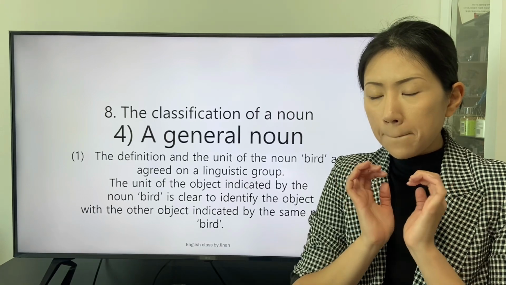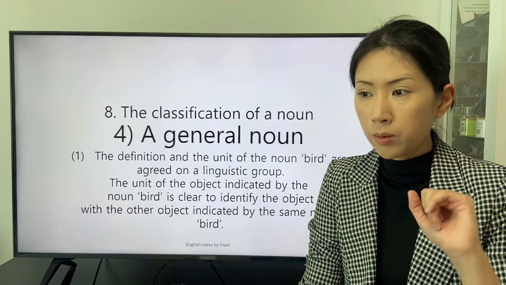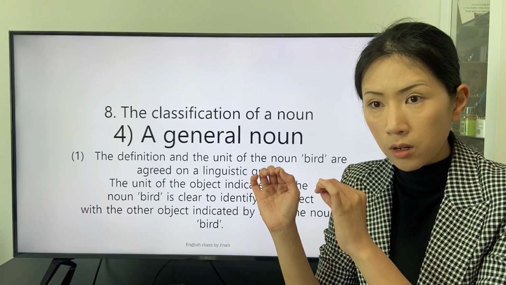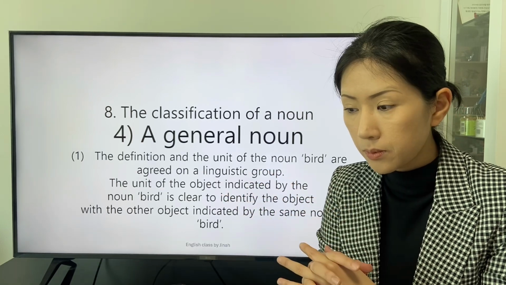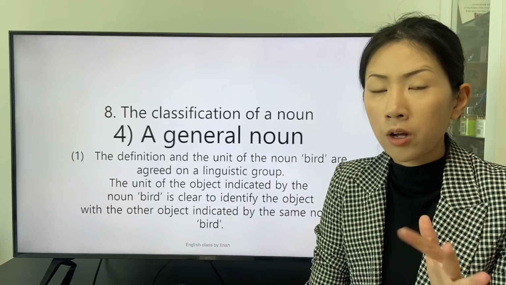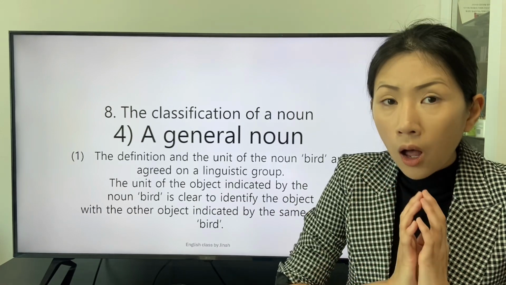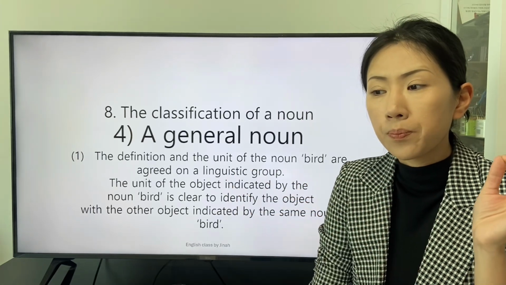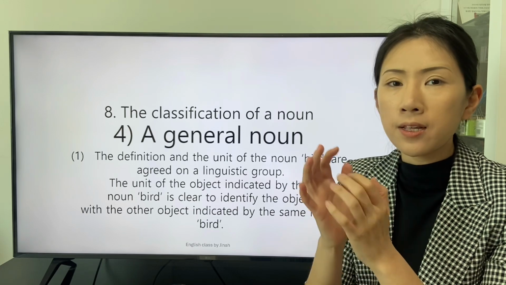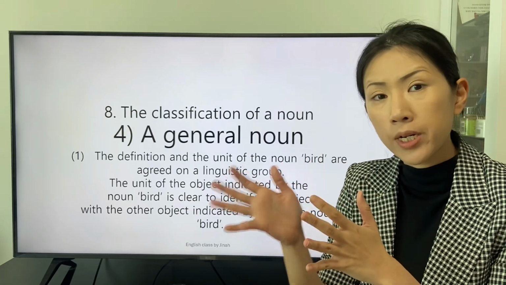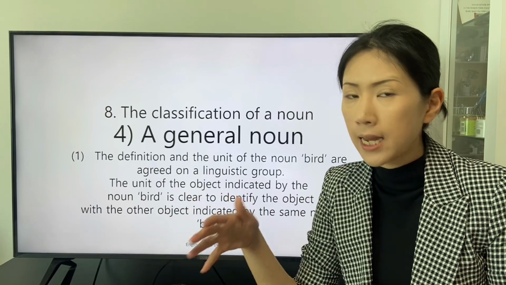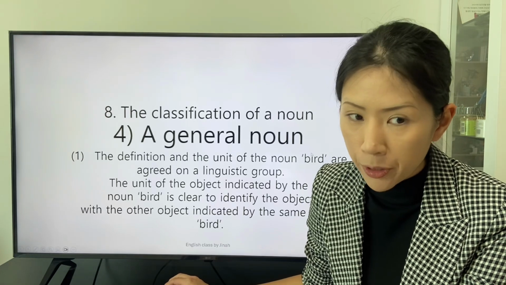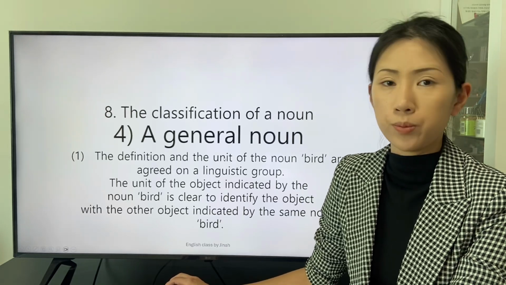And people in the linguistic group also know the unit of the noun bird, because an object indicated by the general noun bird is definitely separate from the other object indicated by the same noun bird. The definition and the unit of the noun bird are agreed on a linguistic group.